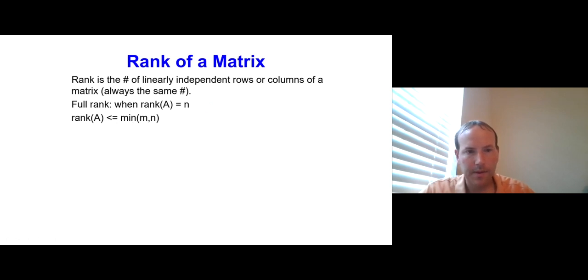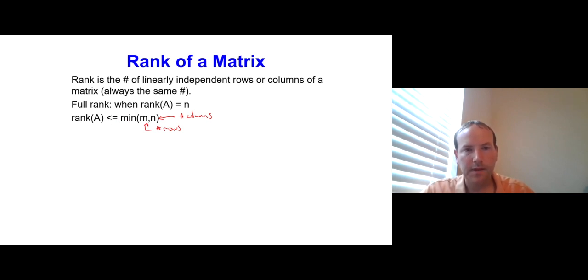The rank of a matrix is always less than or equal to the minimum of the number of rows and the number of columns. So that shows you the upper limit on the rank of a matrix.